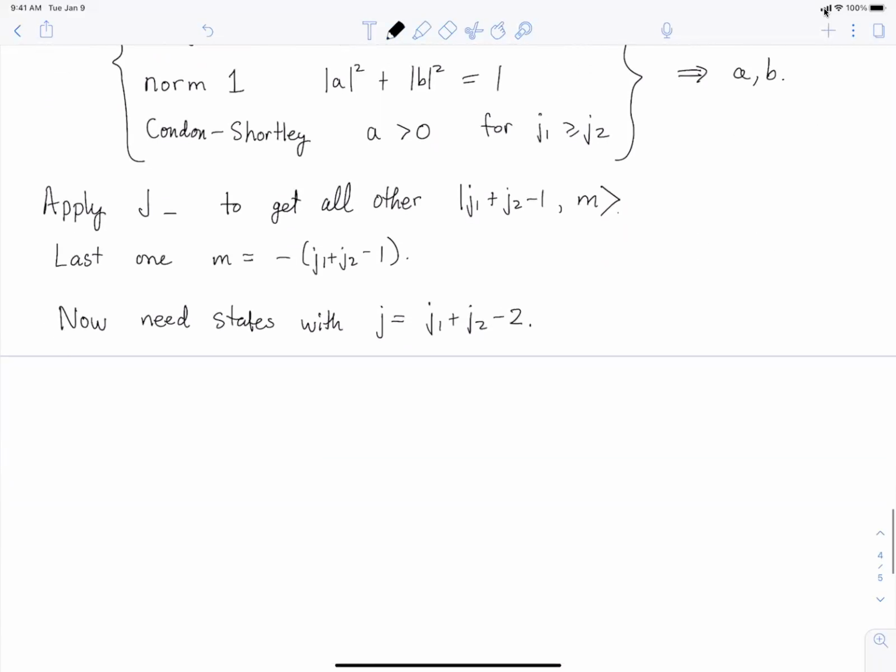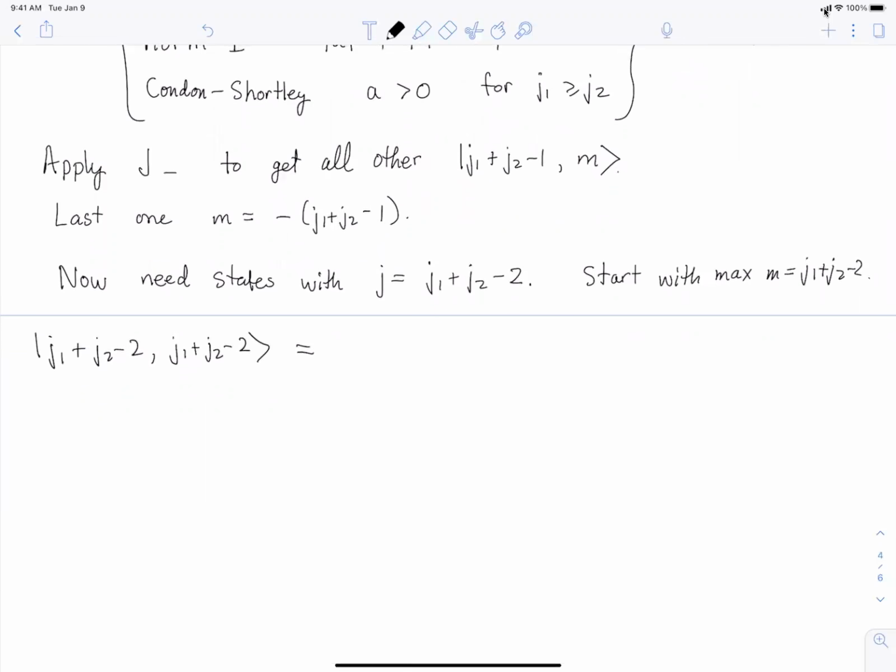Okay, and just like we did before, we're going to start with the maximum value of m. So we start with max m, which in this case is going to be J1 plus J2 minus 2. And so let's write down what that state could possibly be. Now if you think of what are all the possible states that could have that value of m, there are 3 of them.